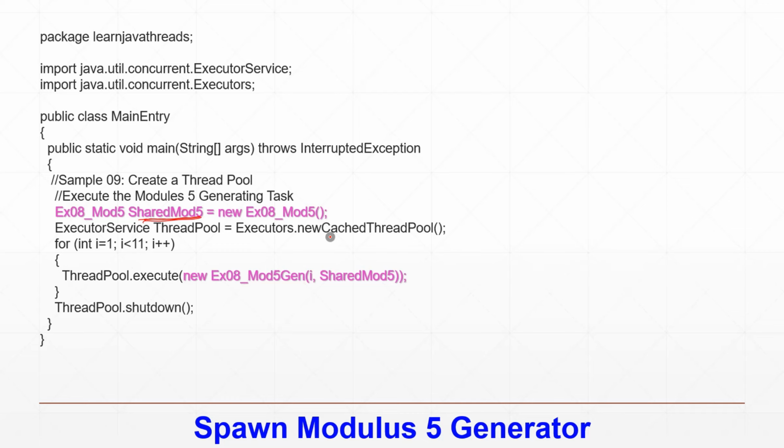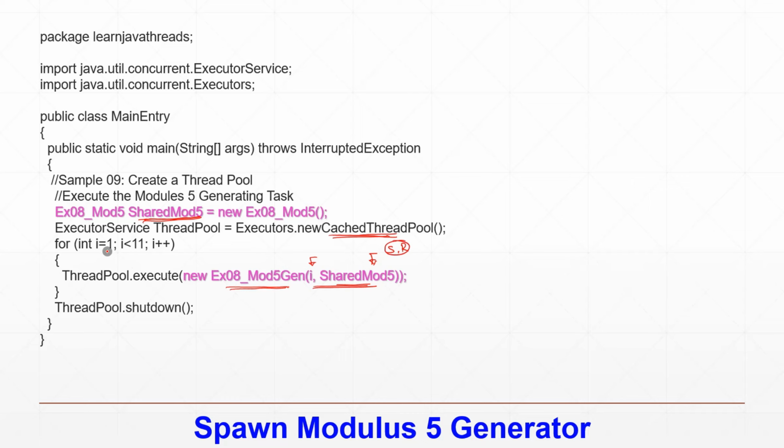Then we are creating a cached thread pool, and here thread pool.execute, we are creating our new mod 5 gen. And to the constructor, we are passing the thread ID as well as the shared resource. So this is the shared resource, right?